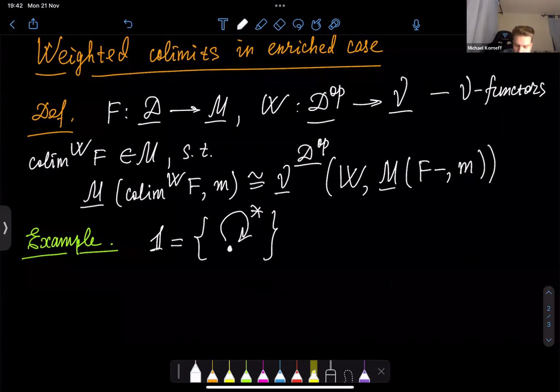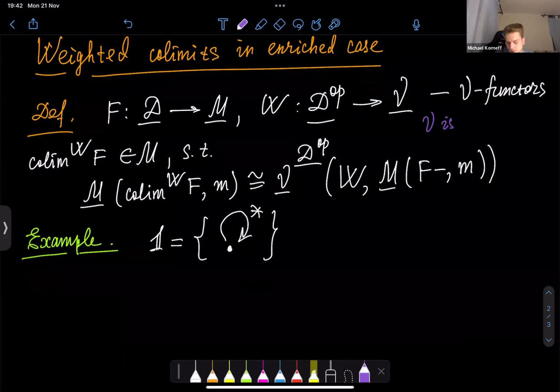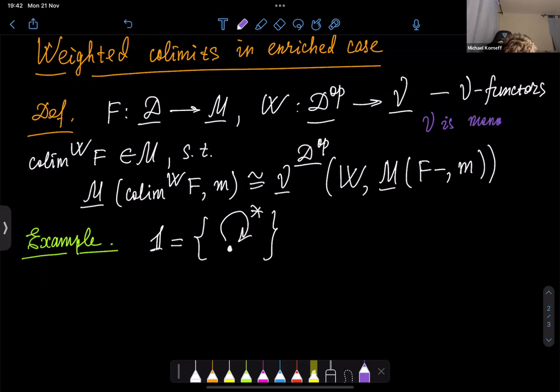And of course, we suppose that V is a symmetric monoidal category, perhaps a model category.